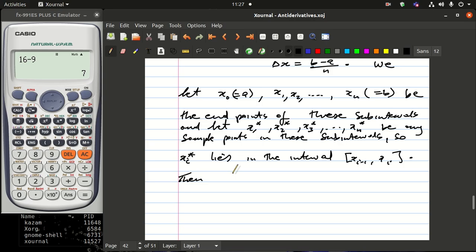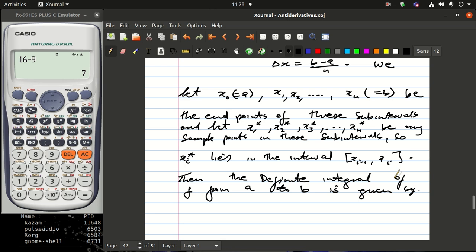Then the definite integral of f from a to b is given by the following.